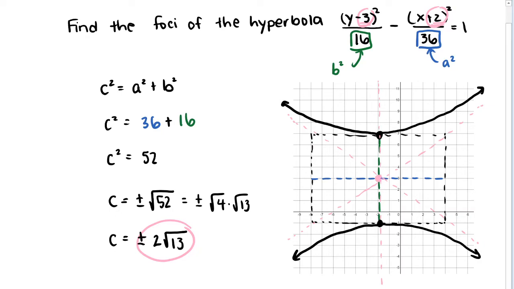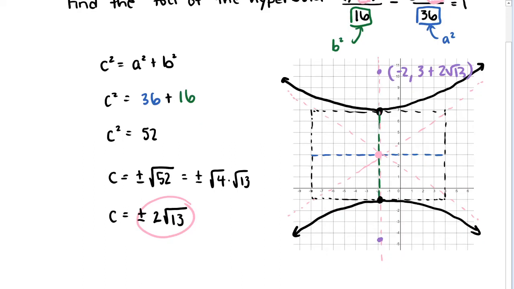If we add that onto a y value of 3, we get a point roughly here at -2, 3 plus 2 square root 13. Right, so we're taking our center point and we're adding on 2 square root 13 to the y value, and we're taking our center point and subtracting off 2 square root 13 from the y value.